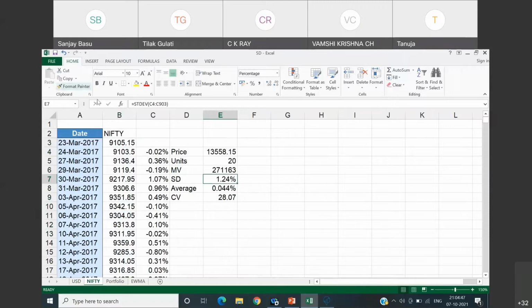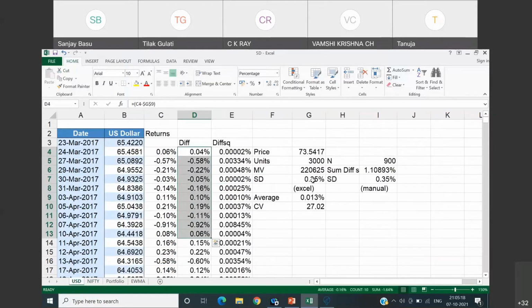If we take these as indicators of future price movements, we do not know whether prices will rise on an average by 1.24% each day or fall on an average by 1.24% each day. Why have we used standard deviation? Because we believe that historical volatility will continue in the future as well.